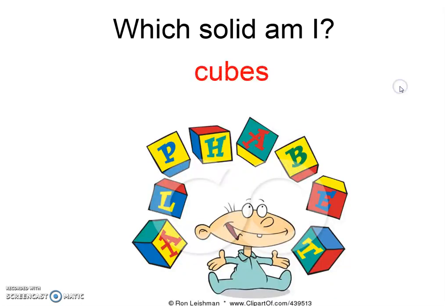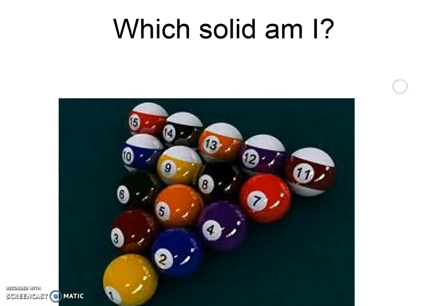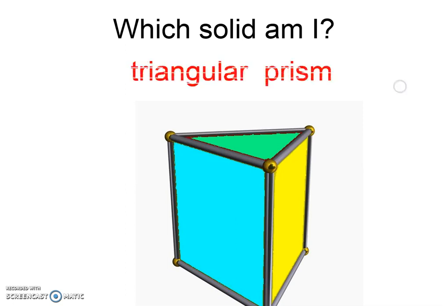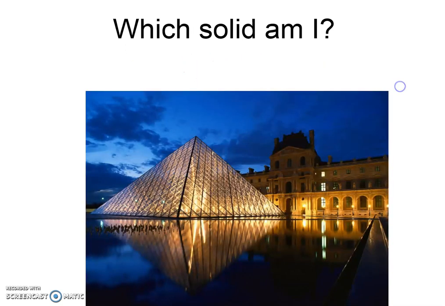Blocks that babies play with are usually cubes. Piece of wood you'd use for a shelf, rectangular prism. Pool ball, sphere. Another triangular prism. Pringles cans are cylinders. The Louvre in France is a square pyramid.